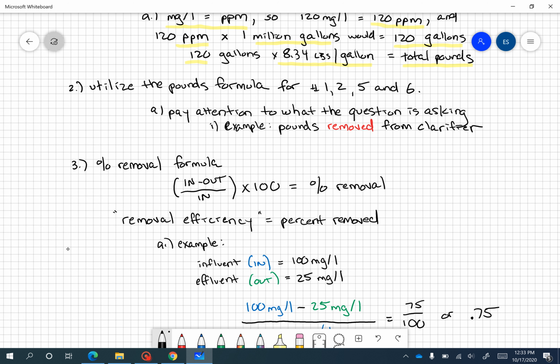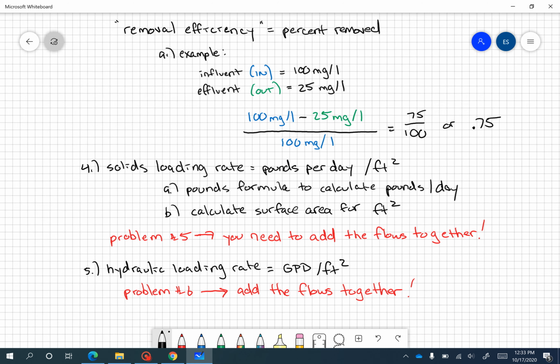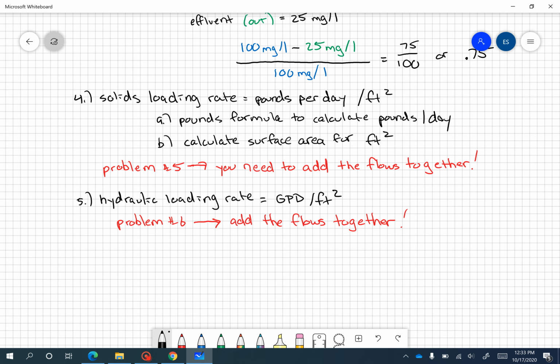Number 5, you have to calculate solids loading rate in pounds per day per square foot. Let me scroll down here. So pounds per day per square foot. Again, like I mentioned in the previous videos, the problem is actually telling you how to set your equation up. You have to calculate pounds per day using the pounds formula, and then you also have to calculate the surface area of the clarifier in square feet.